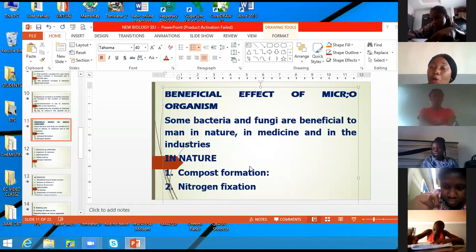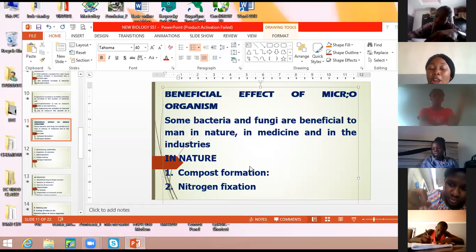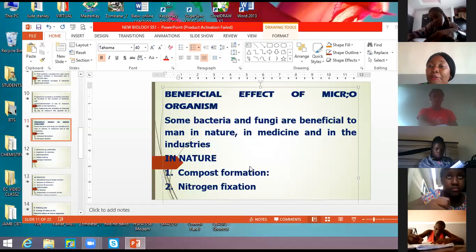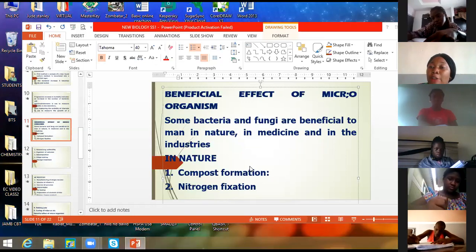So they are decomposers, that's saprophytes. I said that before, especially fungi; some fungi are saprophytes. So compost formation means as they decompose dead plants and animals in the soil, they form compost, or even your dung, your refuse, where you pour your refuse. As fungi decompose those refuse, it acts as compost to the soil.